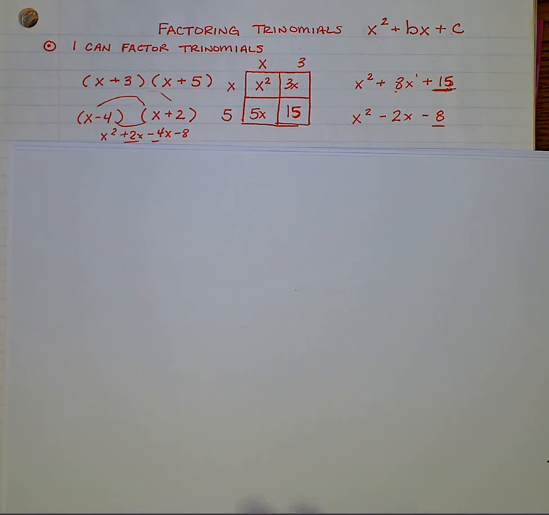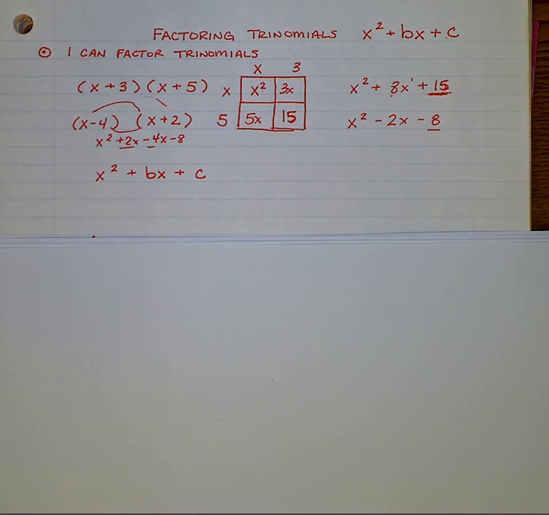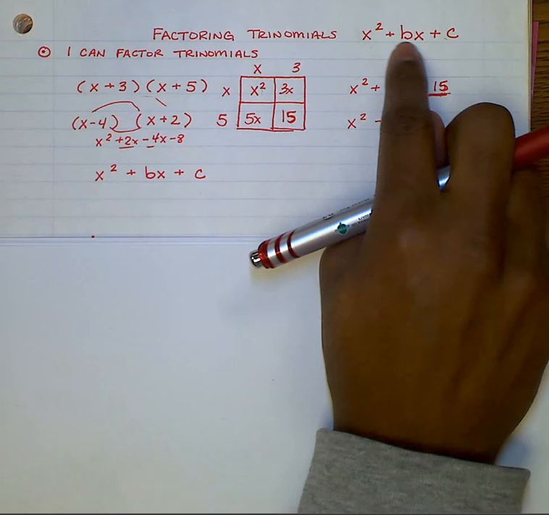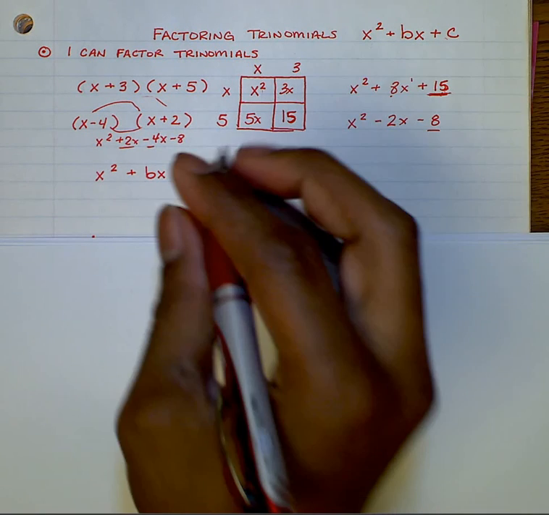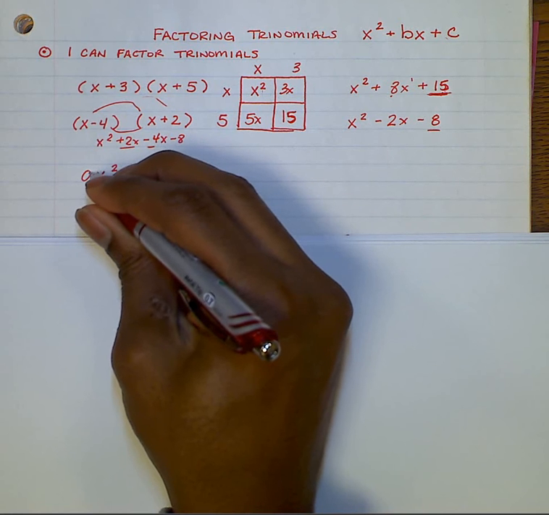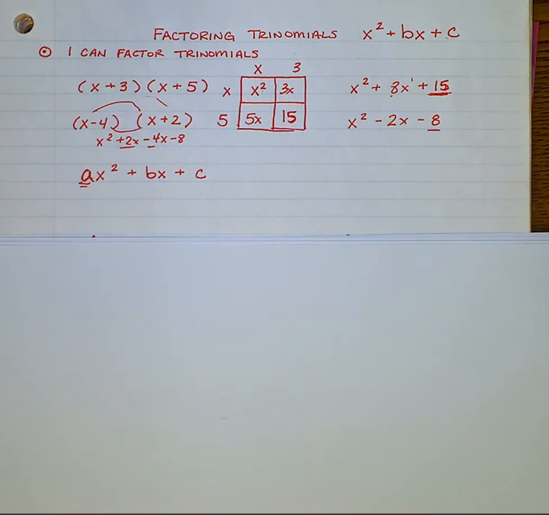I'll point this out a little bit differently here. With this setup, we have x squared plus bx plus c. I'll write an a here. Today a is always going to be 1, but we'll talk about that a little bit later on in the week.